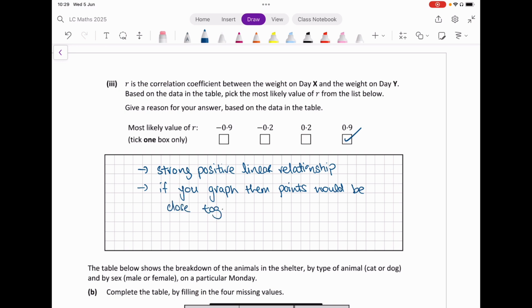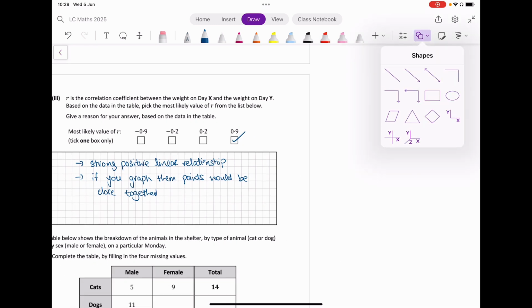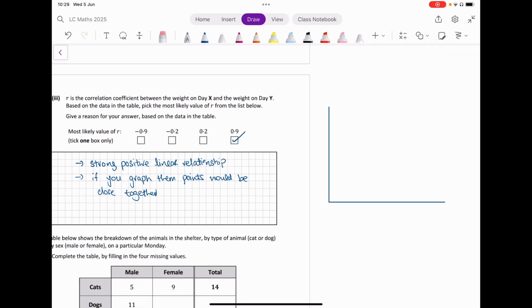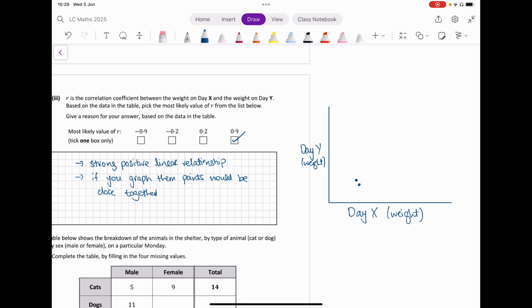What I mean when I say that they'd be close together is that if I was to graph this, with day Y weight here and day X weight here, all of the points would look something like that. They would all be very close to a line.